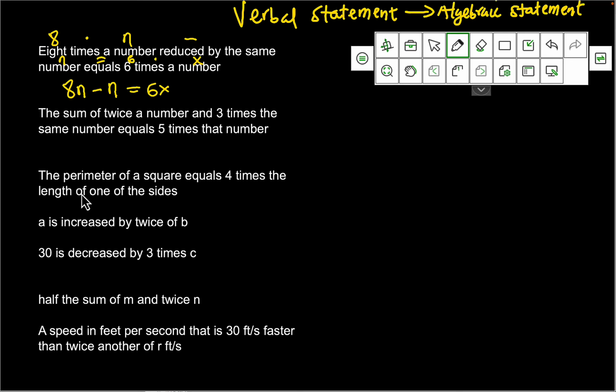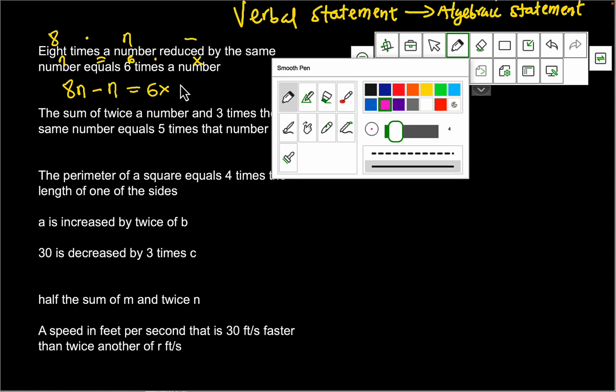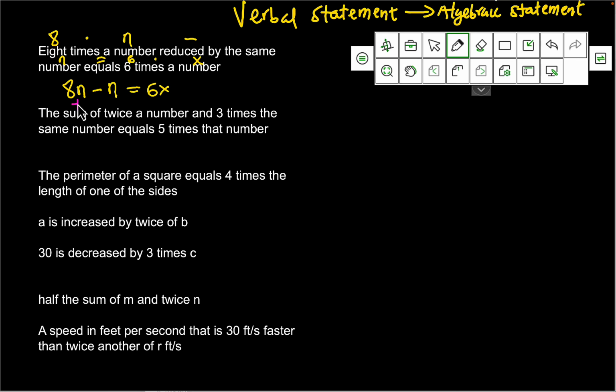Okay, great. Alright, so the next one says that the sum, we know sum is the same as plus. The sum of twice a number, so twice means 2 times a number n, and 3 times the same number n, equals 5 times that number n.